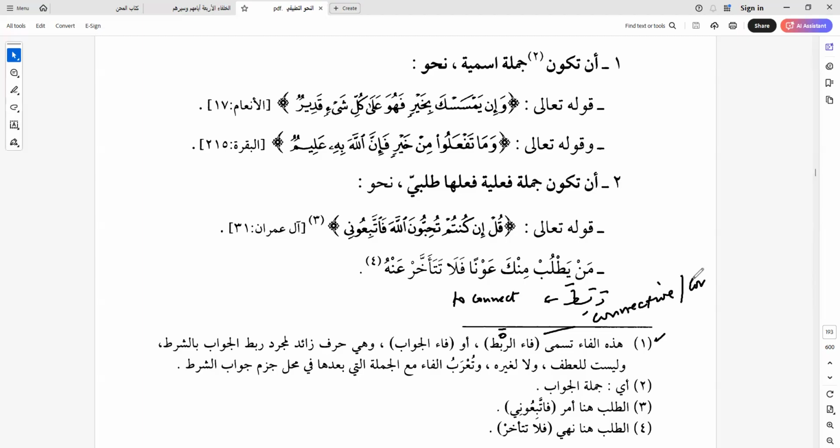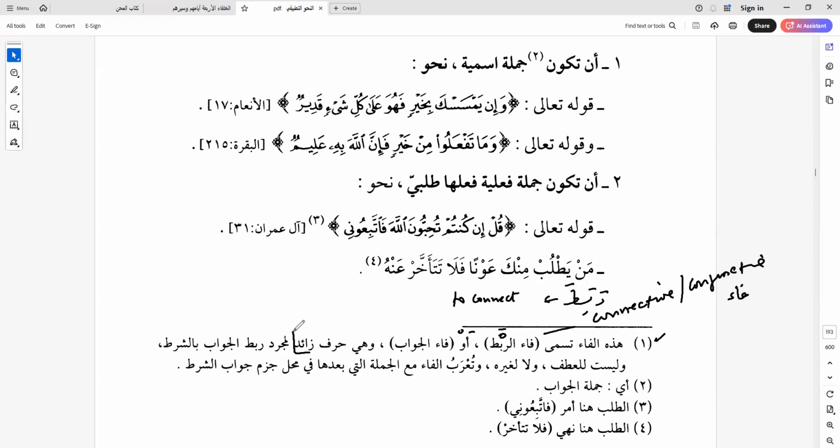or conjunctive fa. So it connects, or you can also call it fa'ul jawab. So anytime you do iqtiran of the jawab al-shart with fa, that fa is called fa'ul rabt or fa'ul jawab. وهي حرف زائد.